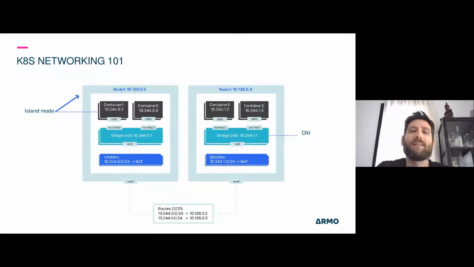Before I jump and describe the situation in Kubernetes, I want to go fast on Kubernetes networking and how it works without security. And then we'll talk about how and why applying security is not a straightforward task.